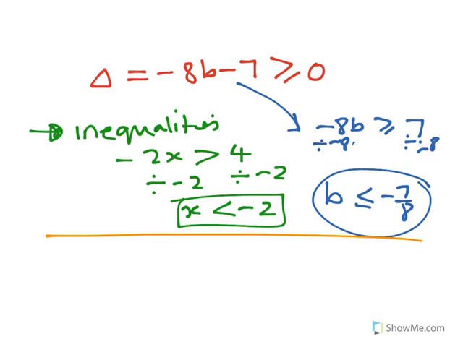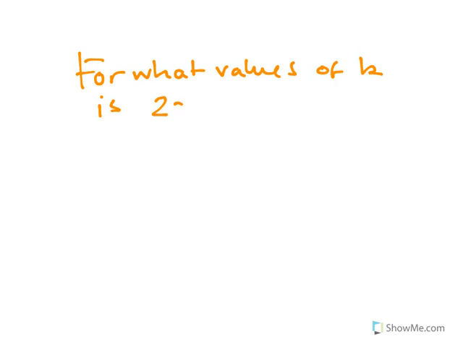So another example, say for what values of k does 2x squared minus 3x plus 4k equals 0 have no real roots?